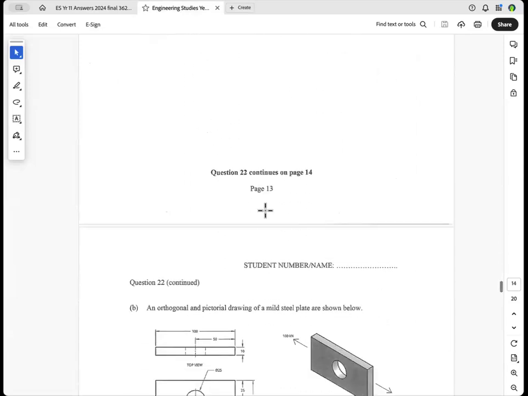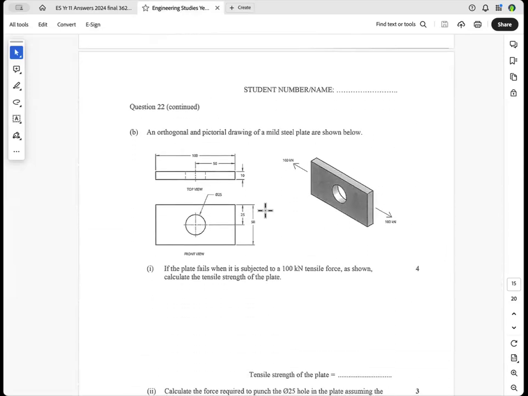Okay, next question is, you've got an orthogonal and pictorial drawing of a mild steel plate as shown, and it's got a tensile force on it of 100 kilonewtons. And you've got to calculate the tensile strength of the plate if it's just going to fail. Now, you know as well as I do that it's going to fail where there's a minimum amount of metal. And these sizes here are given to you. So this is 50 wide, the hole is 25.